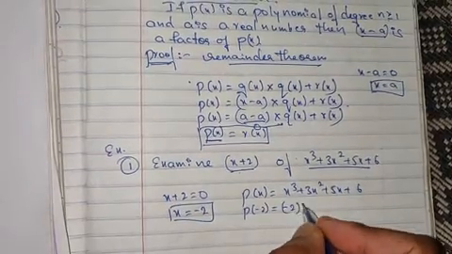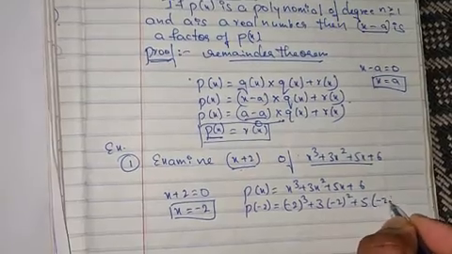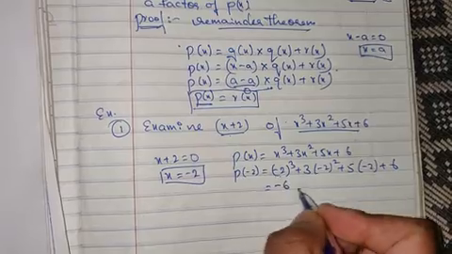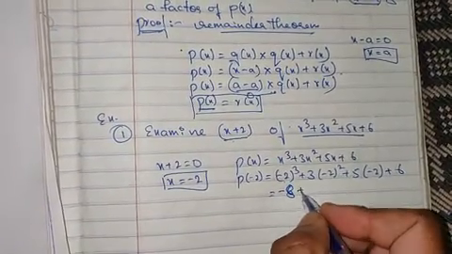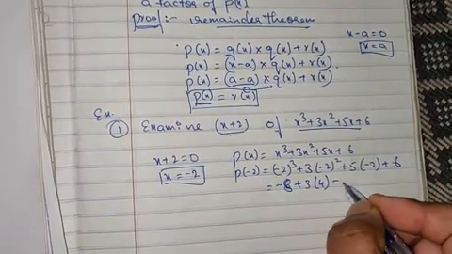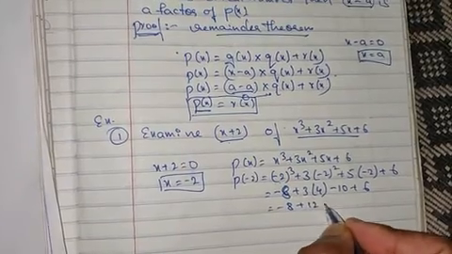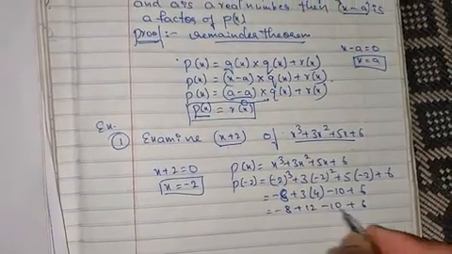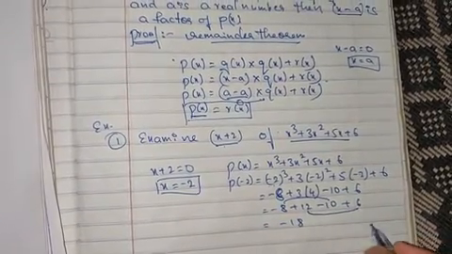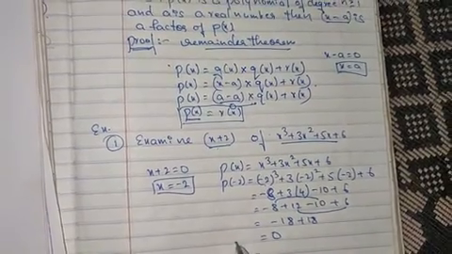So minus 2 the whole cube plus 3 into minus 2 the whole square plus 5 into minus 2 plus 6. We know that minus 2 cube will give us minus 8, plus 3 into minus 2 square gives us plus 12, plus 5 into minus 2 gives minus 10, plus 6. Minus 8 plus 12 minus 10 plus 6: minus 8 minus 10 gives us minus 18, plus 6 plus 12 gives us plus 18, minus 18 plus 18 gives us 0.